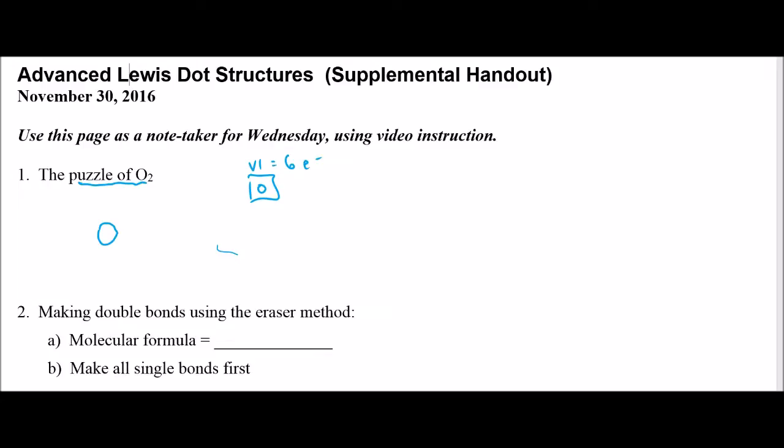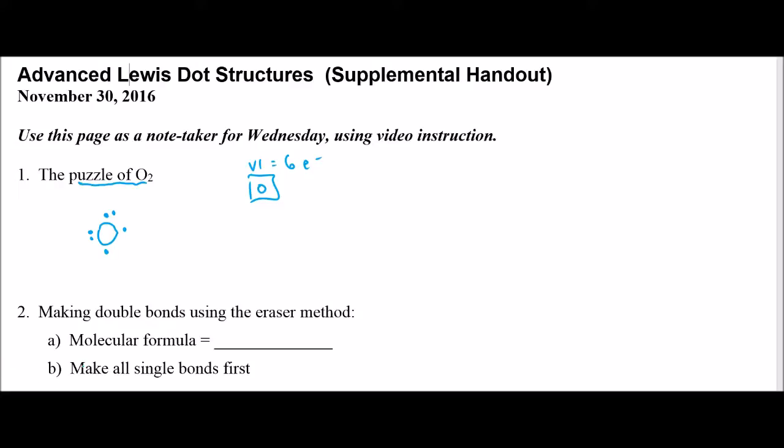So it gets 6 dots. The 6 dots are arranged around the oxygen using all 4 sides of the imaginary square table. 1, 2, 3, 4, 5, 6. So there are 6 dots around the square table.